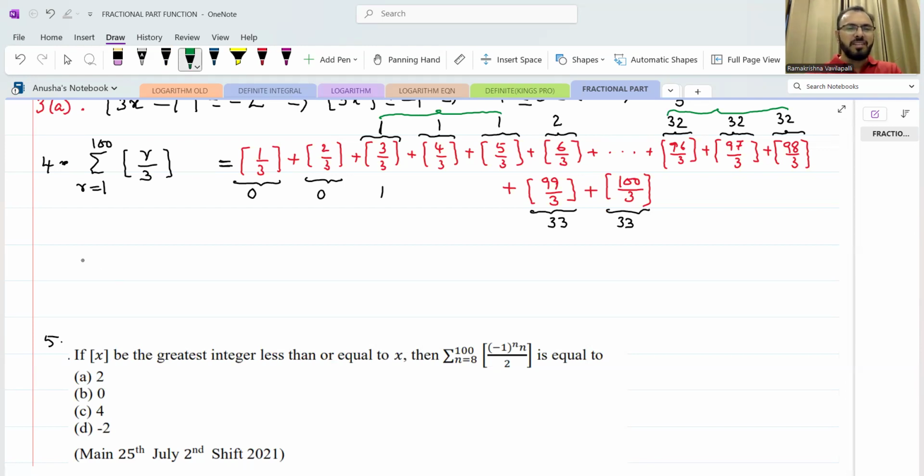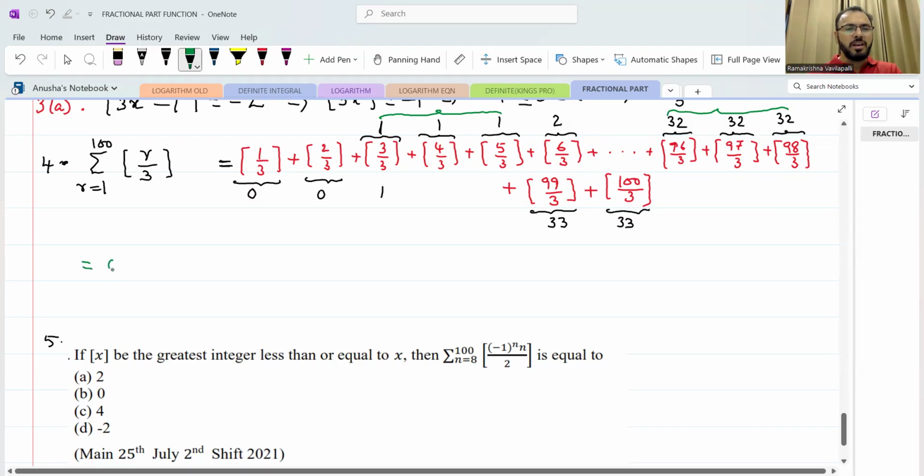So this is equal to 0 we got twice, so 0 into 2, plus 1 we got 3 times, plus 2 we got 3 times, plus and so on up to 32 we got 3 times, plus 33 we got 2 times.